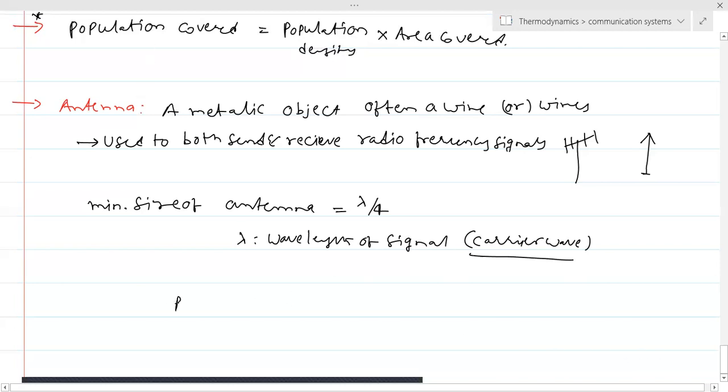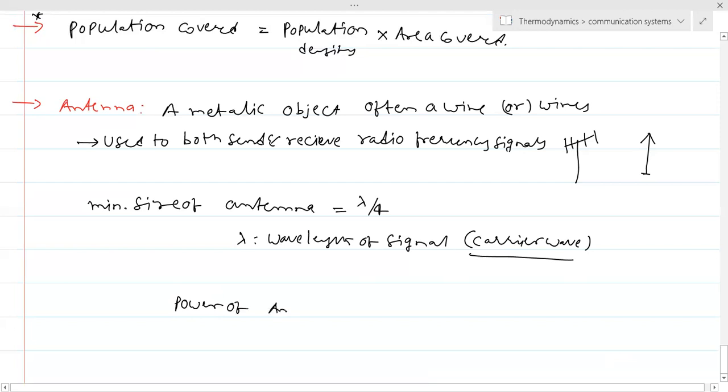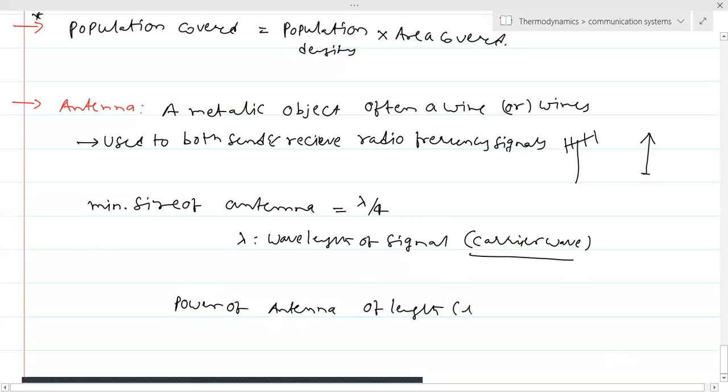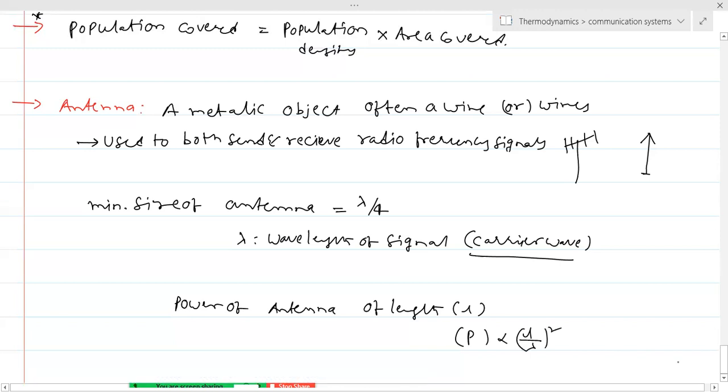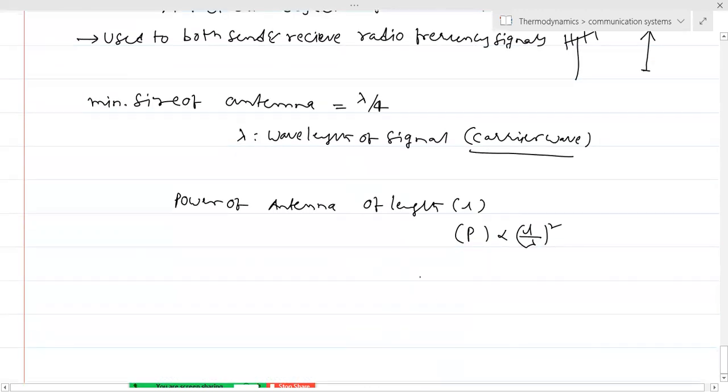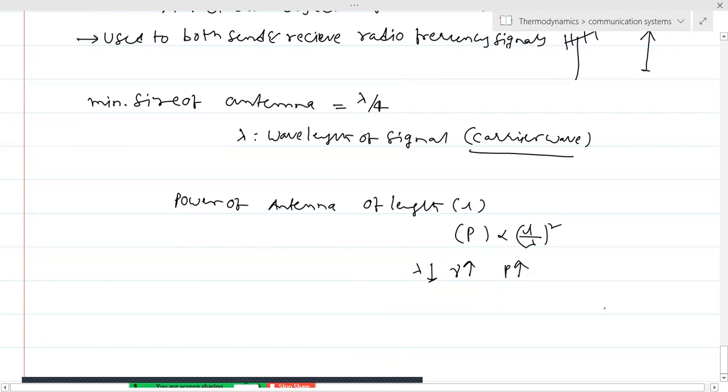And we are taking the important formula, the power of antenna of length L. That is P is proportional to L by lambda whole square. So as lambda is less or the frequency is more, automatically the power will be more.